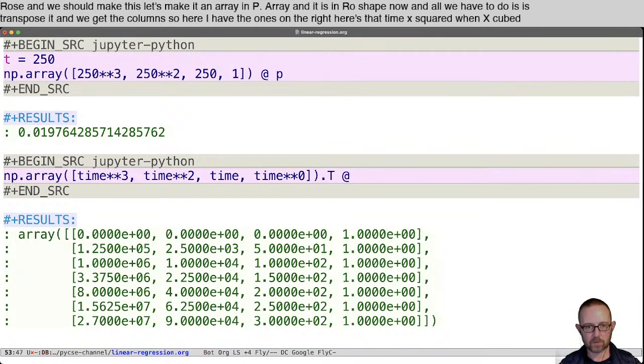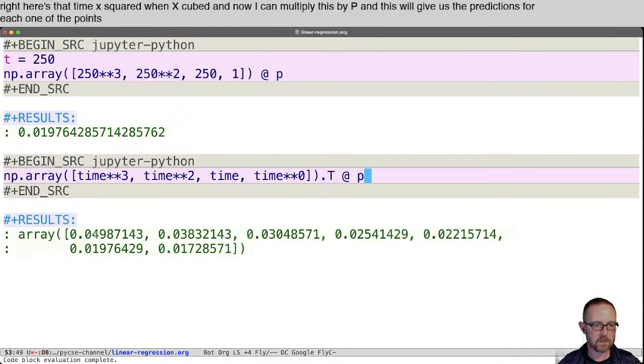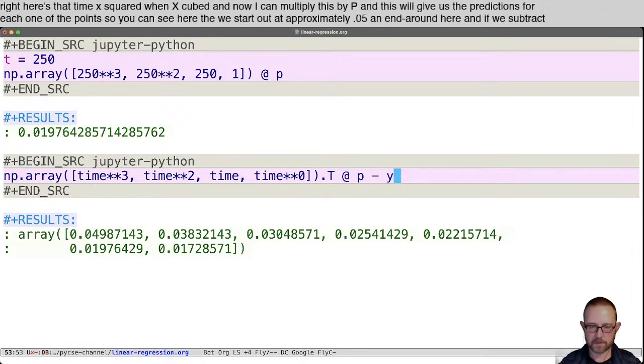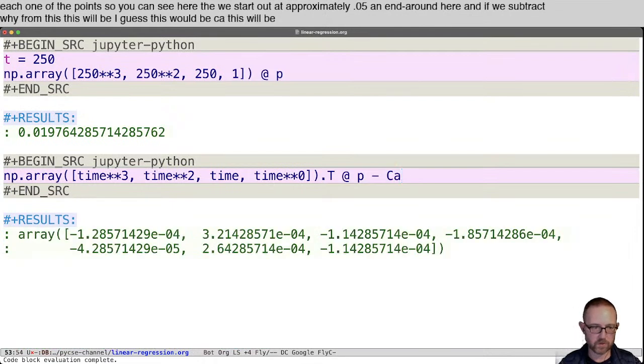And now I can multiply this by p, and this will give us the predictions for each one of the points. So you can see here we start out at approximately 0.05 and end around here. And if we subtract y from this, I guess this should be CA, this will be the errors associated with our fit.